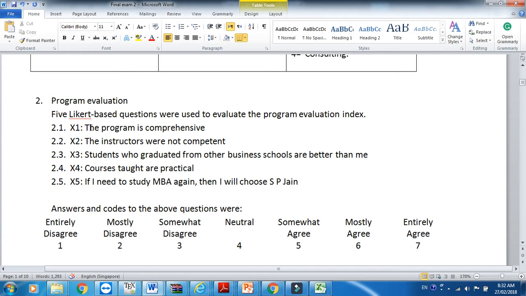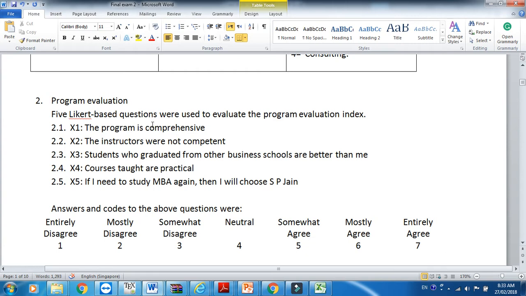X1 has a positive sense, the program is comprehensive, but X2, the instructors were not competent, is negative. Say I'm a student who liked the program: I answer strongly agree that the program is comprehensive, but the instructors were not competent, I answer entirely disagree.